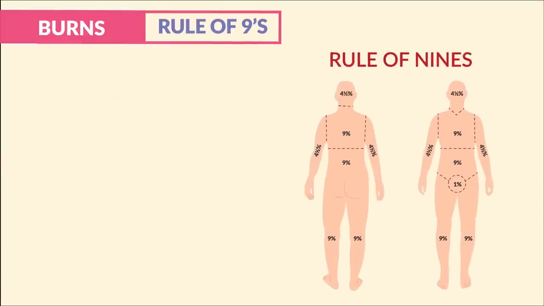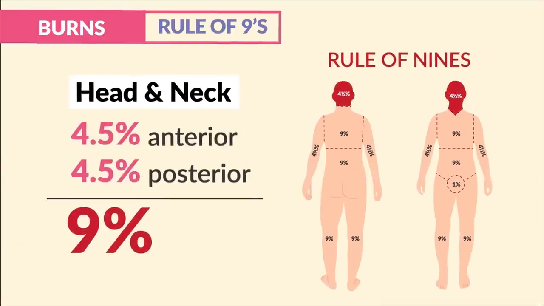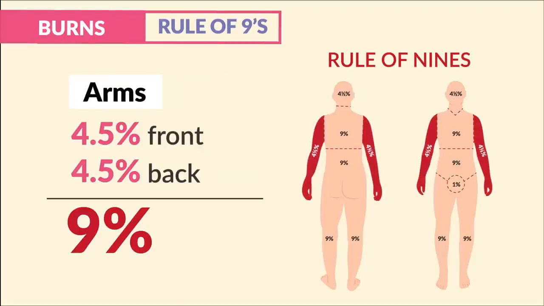So for example, the head and the neck are 9% total, 4.5% for the front and 4.5% for the back, aka anterior for the front and posterior for the back. Now the arms account for 9% total. Once again, 4.5% for the front, the anterior part, and 4.5% for the back, the posterior.